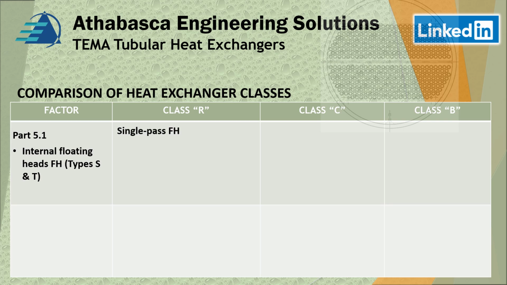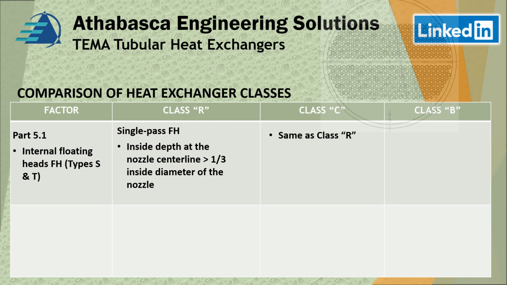For example, for a single pass floating head, which I'll abbreviate in our notes here as FH, the inside diameter of the nozzle center line must be greater than a third of the inside diameter of the nozzle. Now, that's the same for Class C as for Class R, and for single pass floating heads, it's the same for R as well.